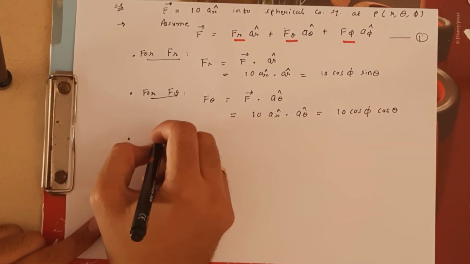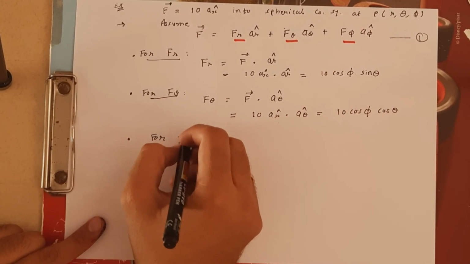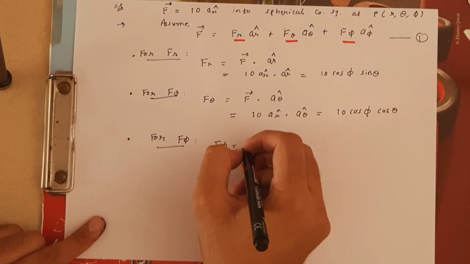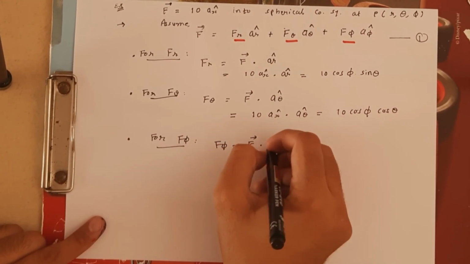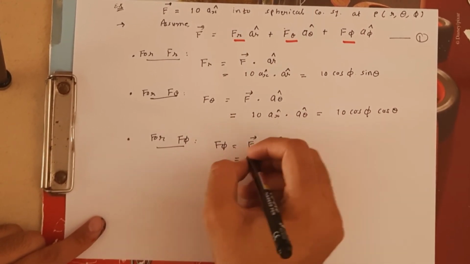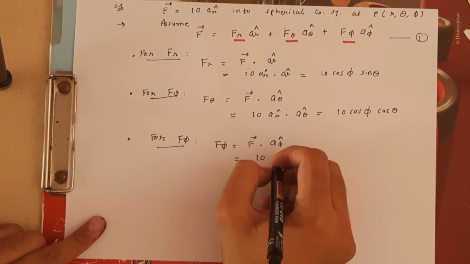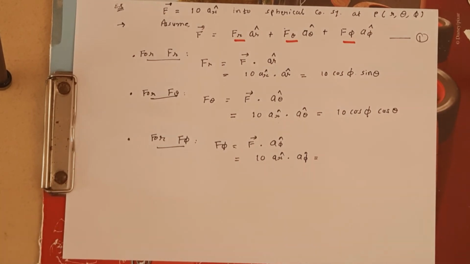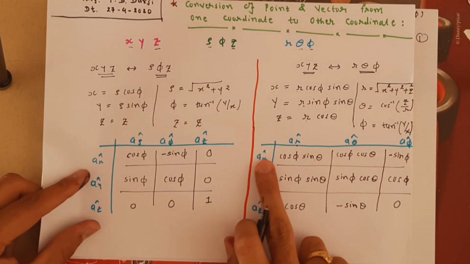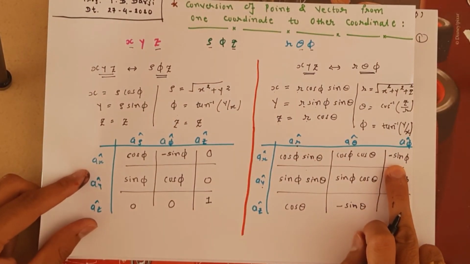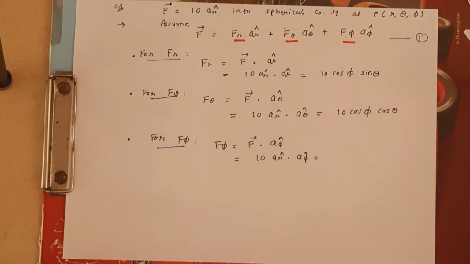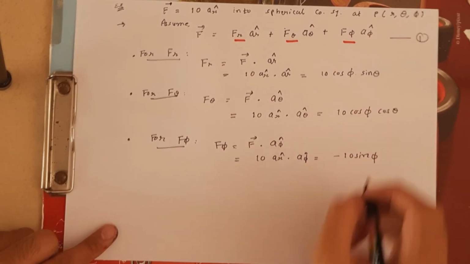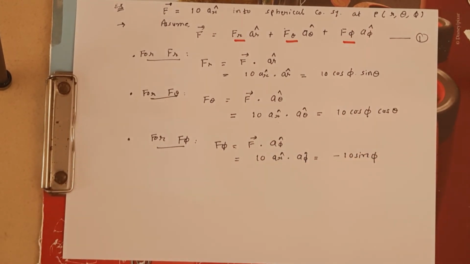And last, for F phi calculation, F phi is equal to F dot a phi. The value of F is given, 10 ax dot a phi. So a_x dot a phi is minus sin phi. So this is minus 10 sin phi. Okay, so it's very easy.